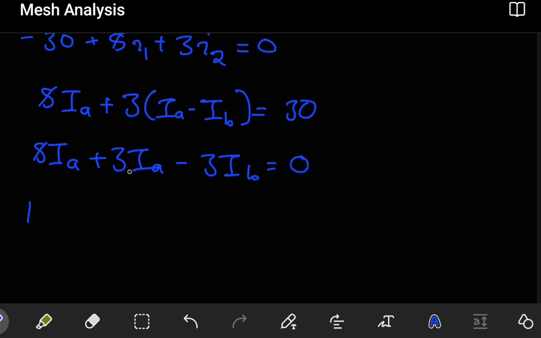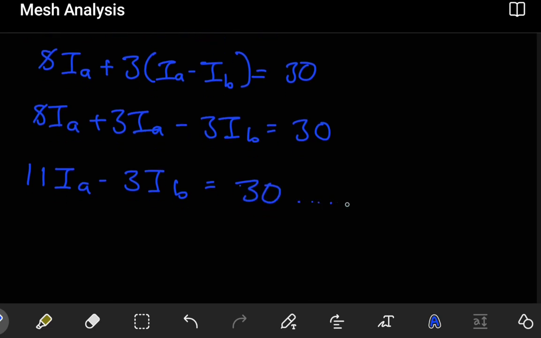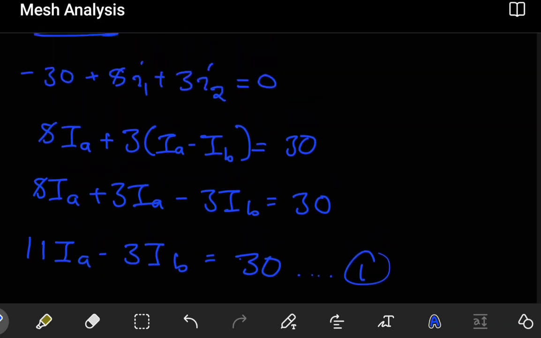Then this becomes 11 IA minus 3 IB, not 0, that's a 30 the other side. So this is equal to 30. So this becomes equation 1. Hope we haven't made any errors here.